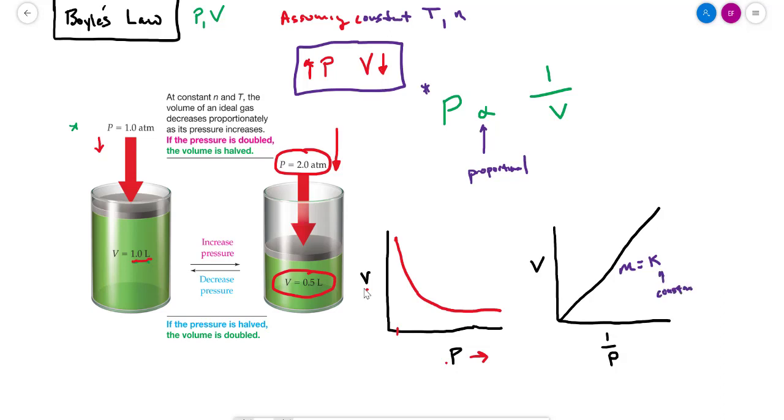Some constant that relates these two things together.